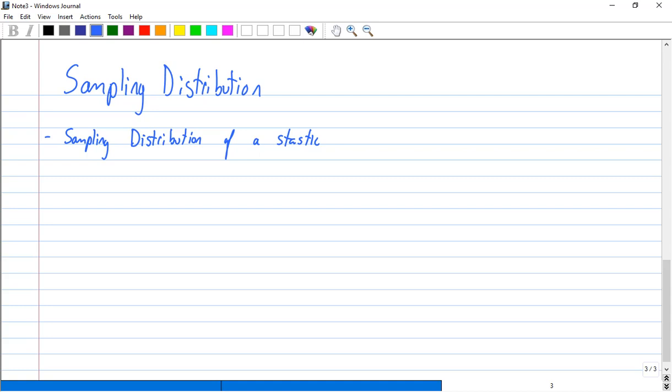So the sampling distribution of a statistic, such as a mean or a proportion, is the probability distribution of all values of a statistic when all possible samples of size n are taken from a population.